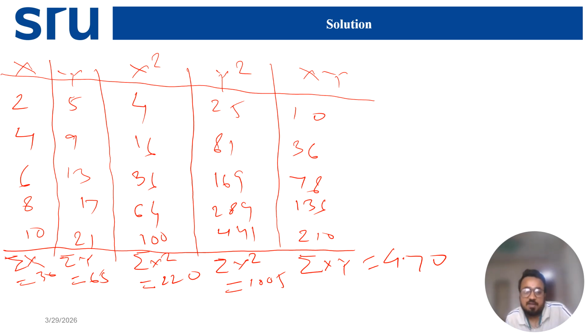So now we have all the values: summation of x, summation of y, summation of x square, summation of y square, and summation of xy. So now we will apply the formula to find the simple correlation.